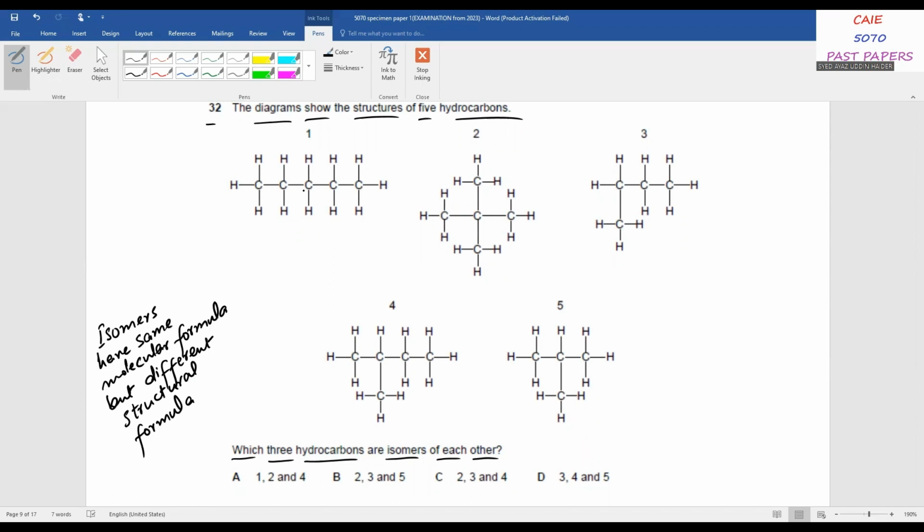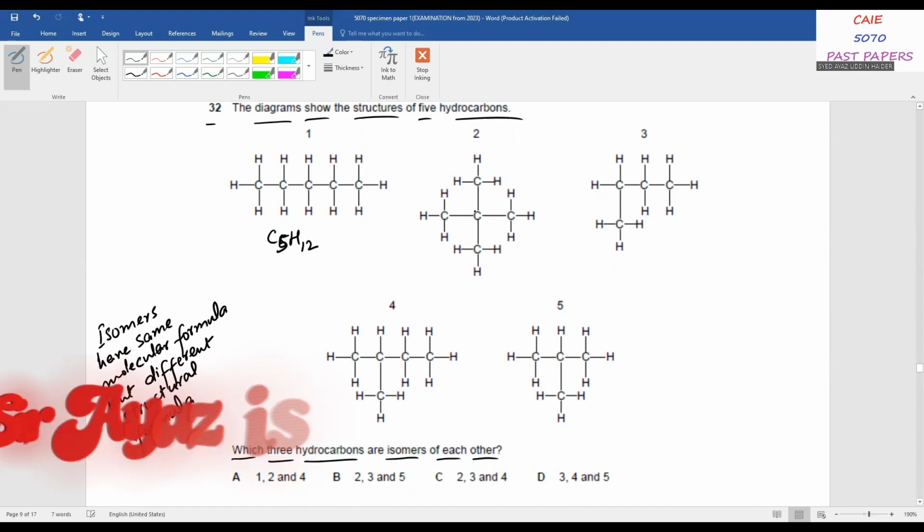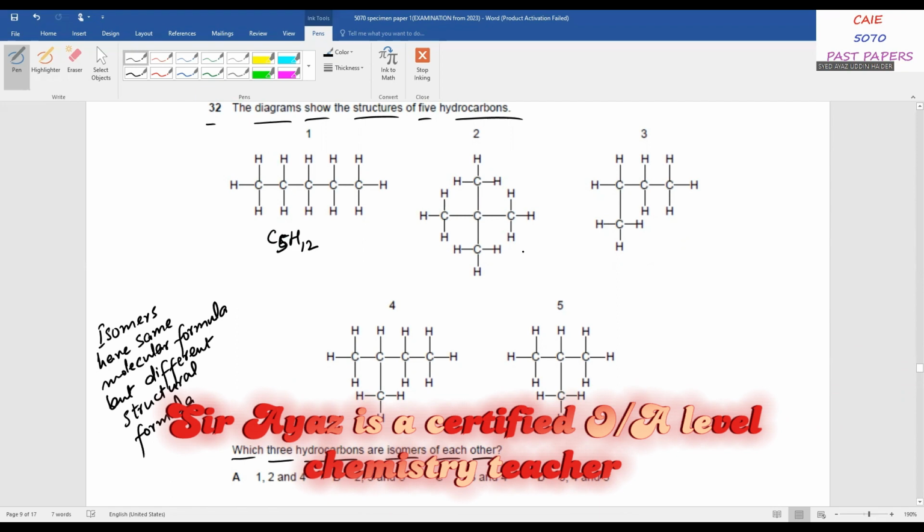Number 1, you have 5 carbon atoms and hydrogen atoms will be 1, 2, 3, 4, 5, 6, 7, 8, 9, 10, 11, 12. Number 2, 1, 2, 3, 4, 5. Again, you are having 5 carbon and 12 hydrogen. 3 multiplied by 4 should be 12. And in 3, 1, 2, 3, 4.